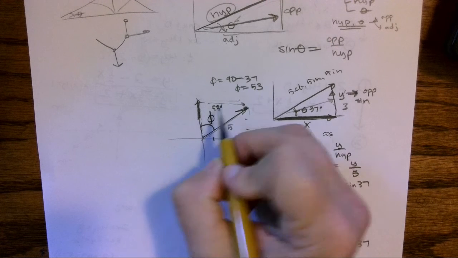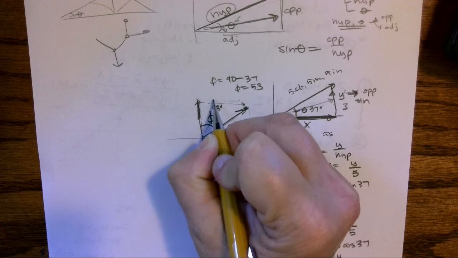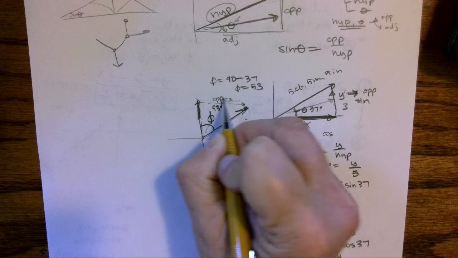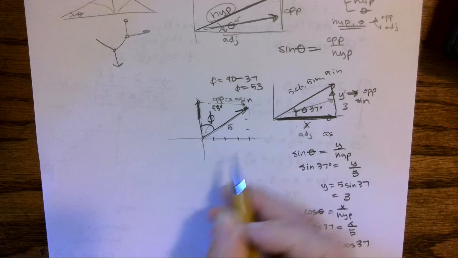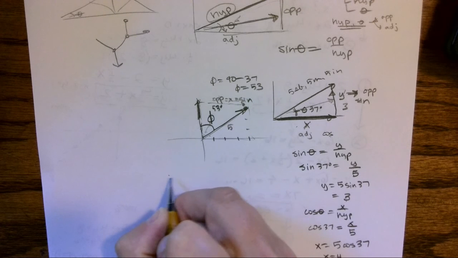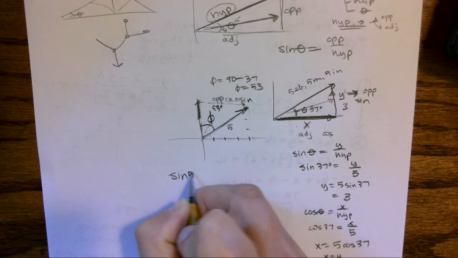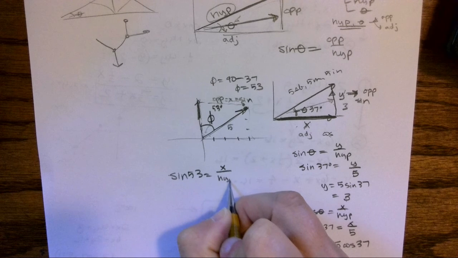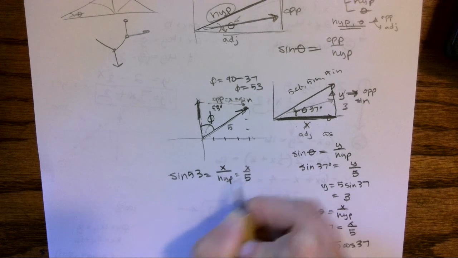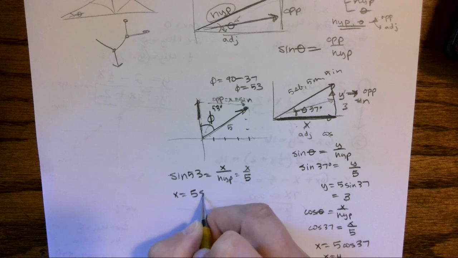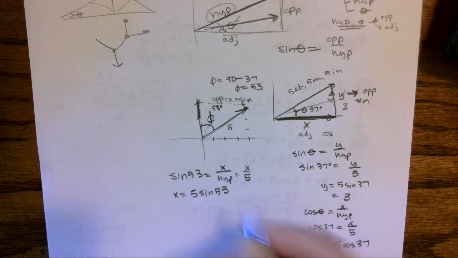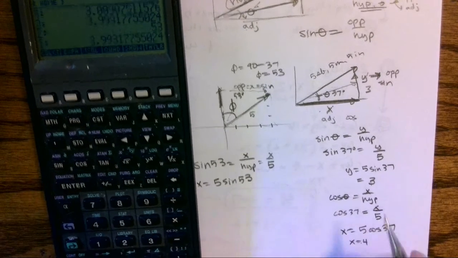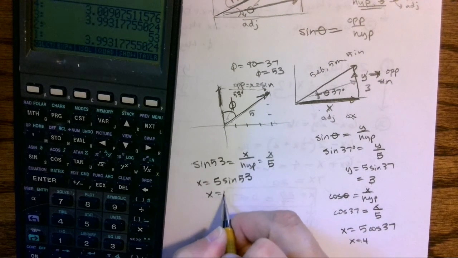So now if I'm looking at it, the opposite of the x is sine. So in this case, I'm going to have sine of 53 equals opposite, the x component, over hypotenuse of 5. So x equals 5 sine of 53. Let's work that out: 53 sine times 5, and I get that x equals 4, okay?